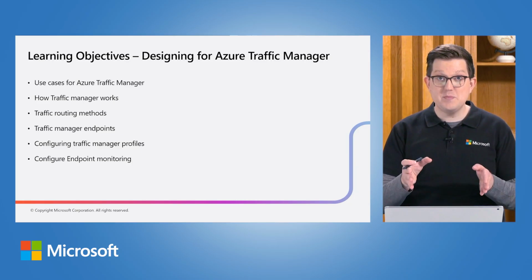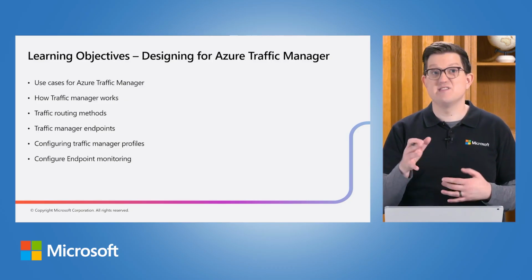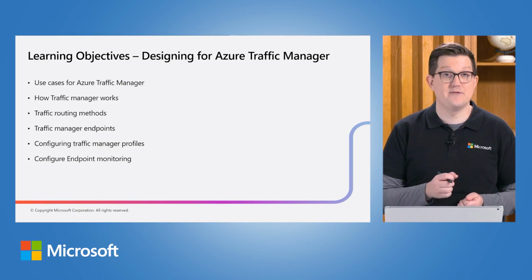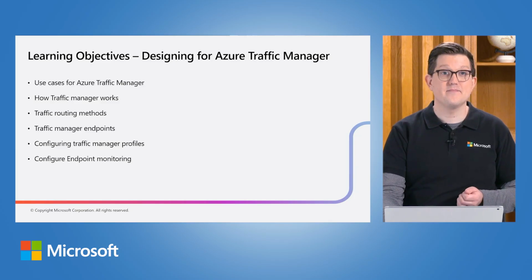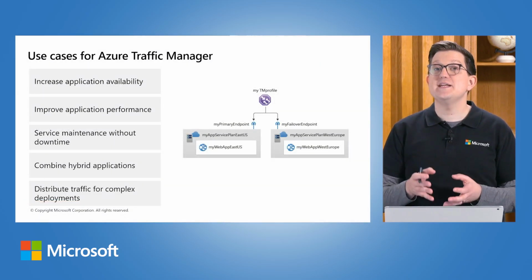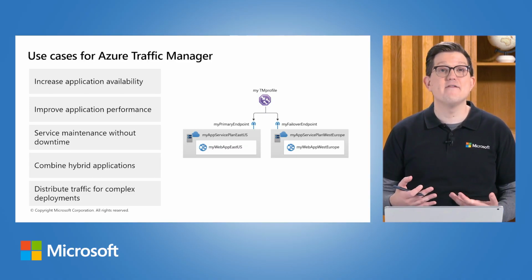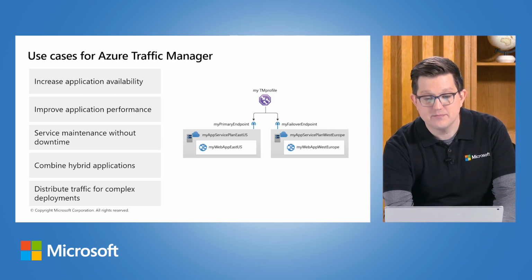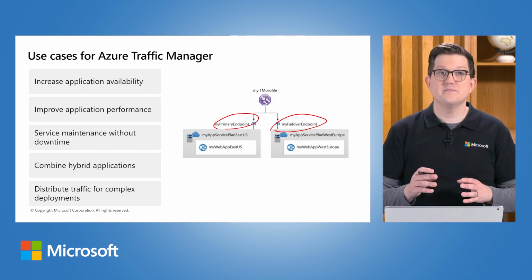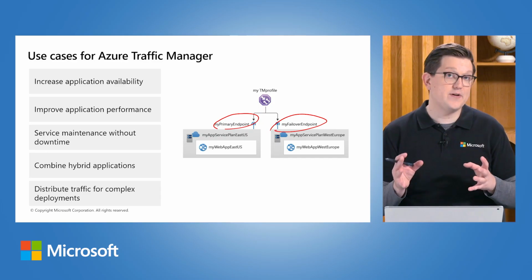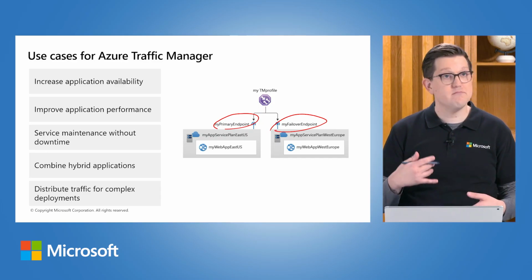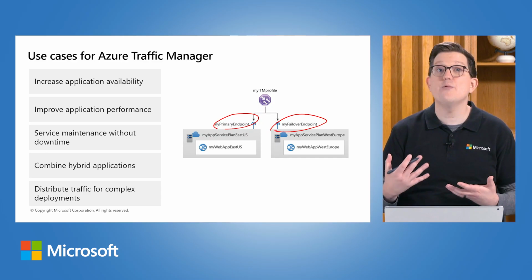All right, let's begin with some use cases, because that is the easiest way to get things up and running. What you're seeing here is the simplest architectural design that I have for Traffic Manager. We have a primary and a failover endpoint. Two different copies of a web server that are sitting there, just firing away.